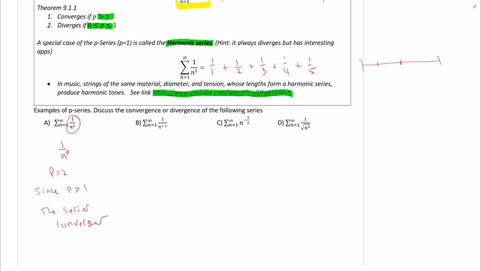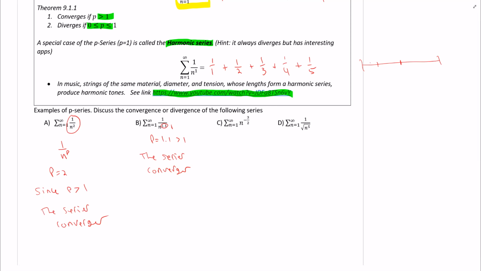Next one is this one. Again, here's p. P is 1.1, which is greater than 1. So this series also converges. To what? You'd have to do something else, like take the partial sums and do all that stuff, which is probably really complicated with that one.